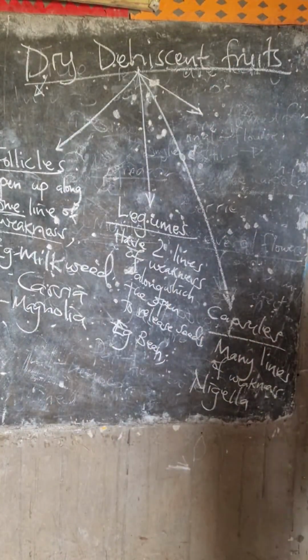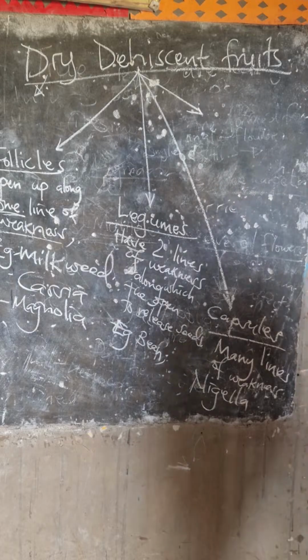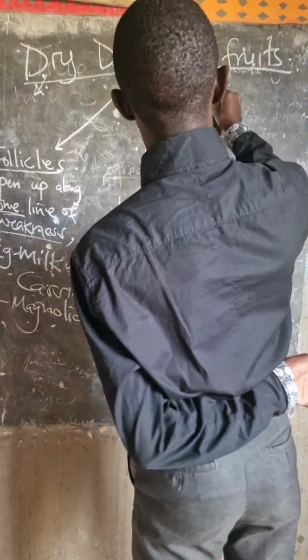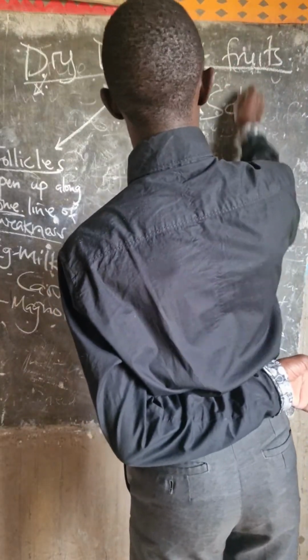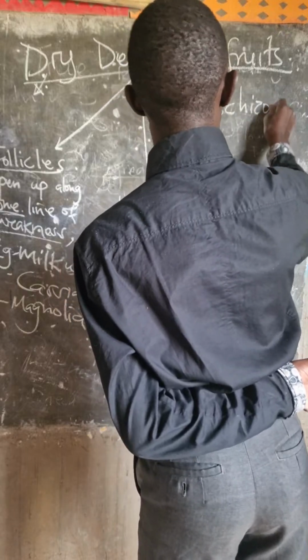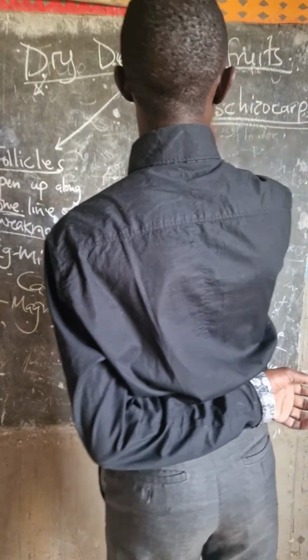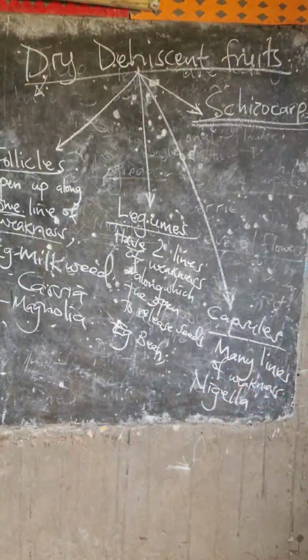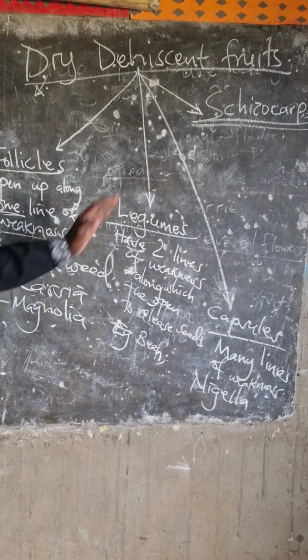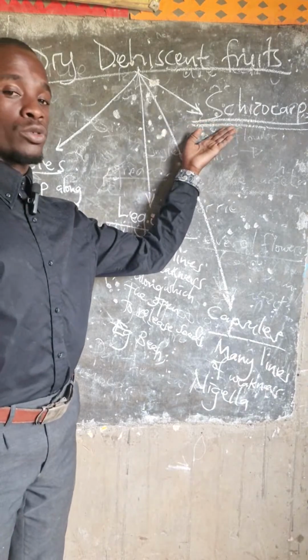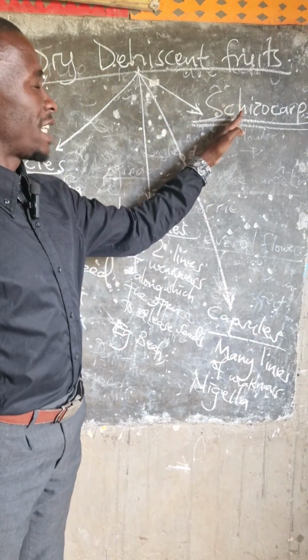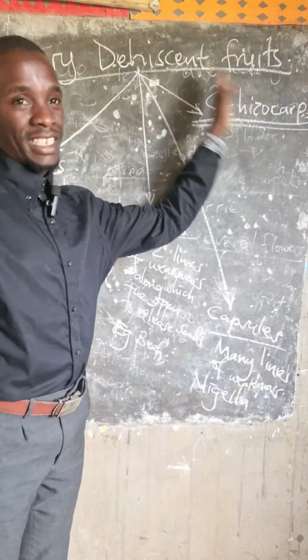under dry dehiscent fruits, people include what we call the schizocarps. In certain textbooks, you will find that they classify schizocarps as dehiscent fruits.